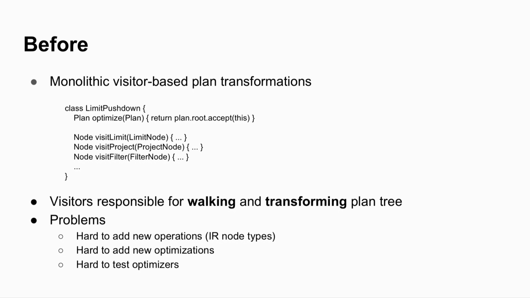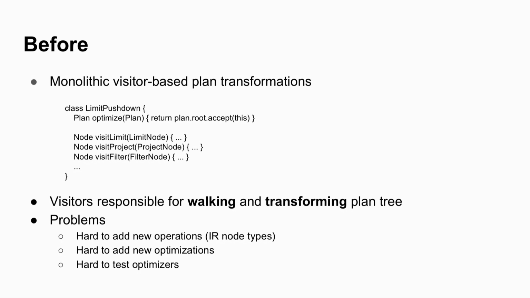We have a plan structure represented by nodes that have a hierarchical relationship between them, and the optimizers used to be just a set of, say, 10 to 20 well-known transformations. They took the plan, did a bunch of transformations, produced a new plan, and then went on to the next stage, kind of similar to how a compiler works with multiple compilation phases.